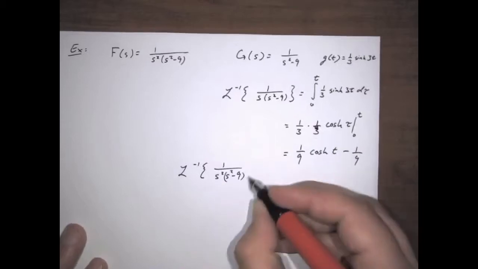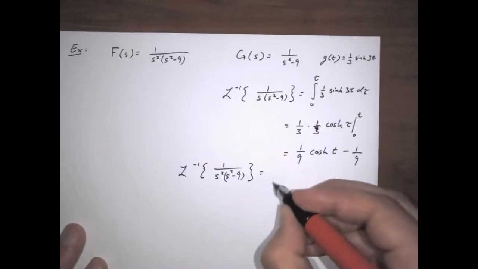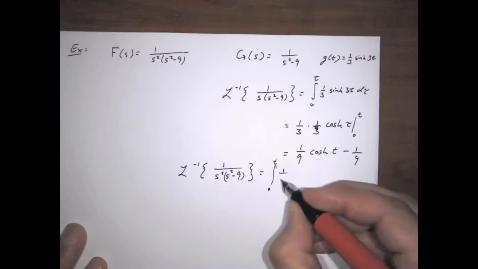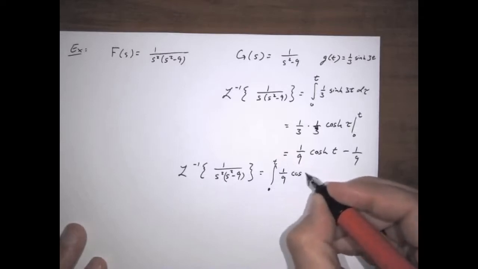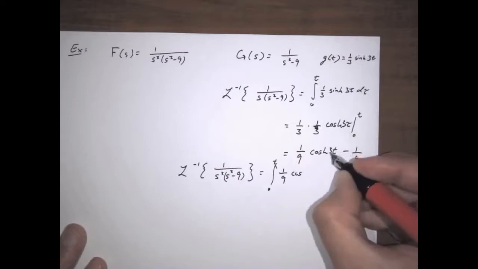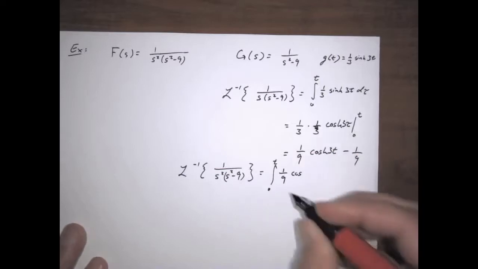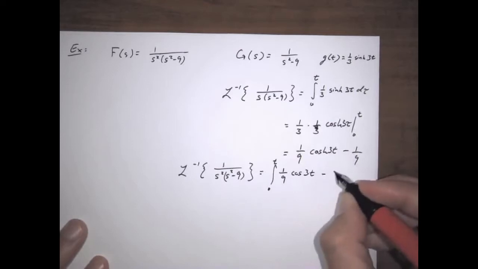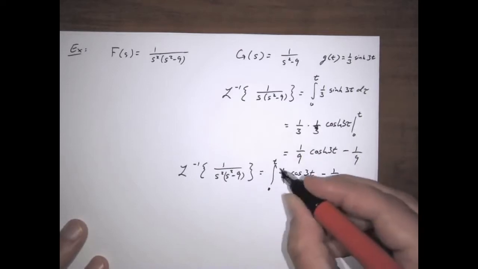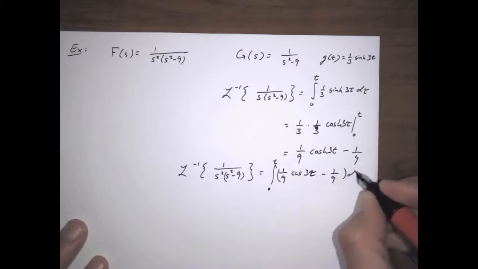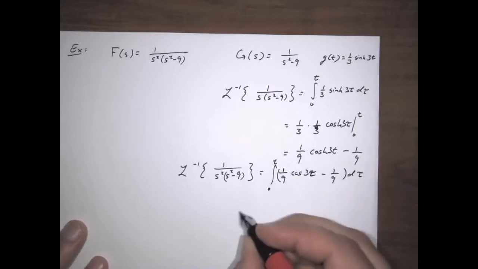So if I want 1 over s squared times s squared minus 9, it's going to equal the integral from 0 to t of 1/9 cosh 3 tau minus 1/9 d tau.